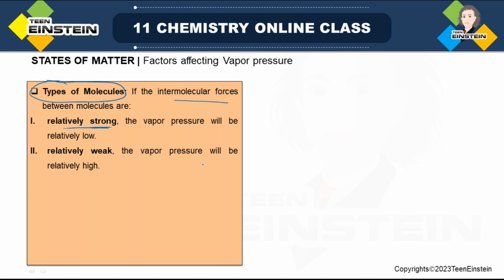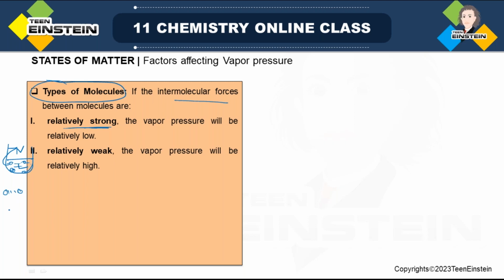obviously vapor pressure will be low, because there is the liquid state and the vapor state. If the intermolecular forces between two particles are very strong, obviously you cannot convert them to the vapor state so easily, because this interaction is so strong.